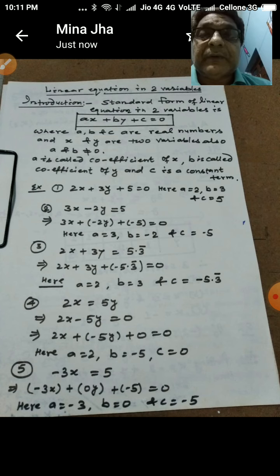Here the difference from your prior classes is only regarding the number of variables. Up to class 8 there is linear equation in one variable, but here in class 9 it starts linear equation in two variables, and again you will read this topic in the next class, but there will be one change: in class 10 you will read about such equations in pairs.